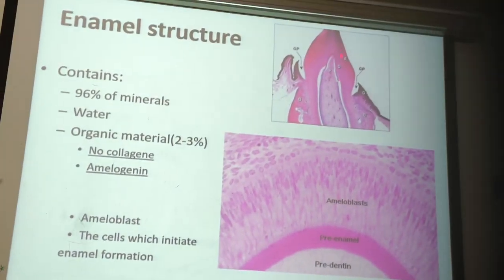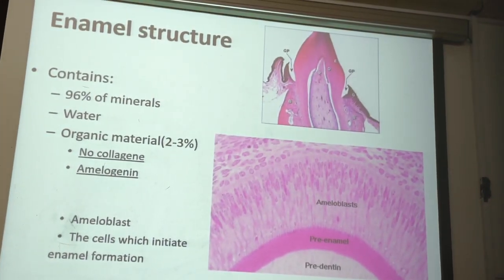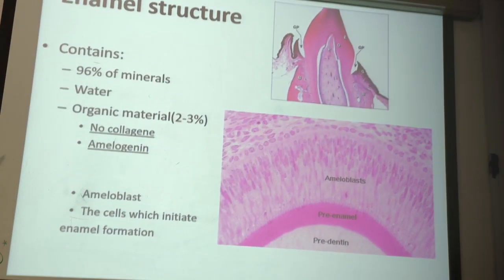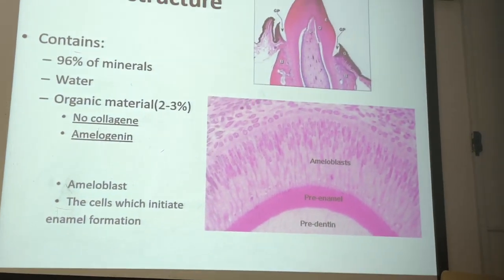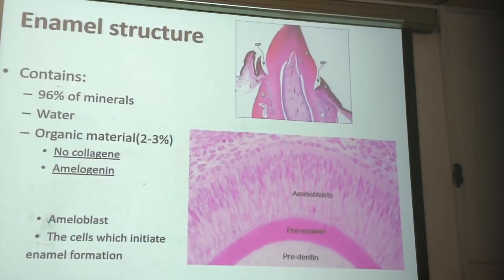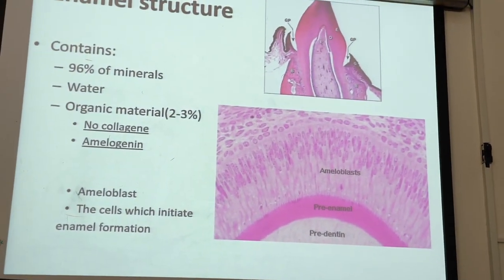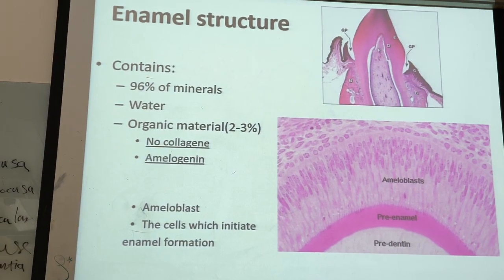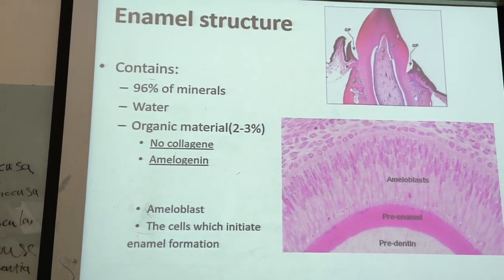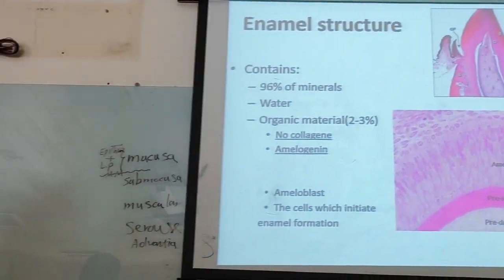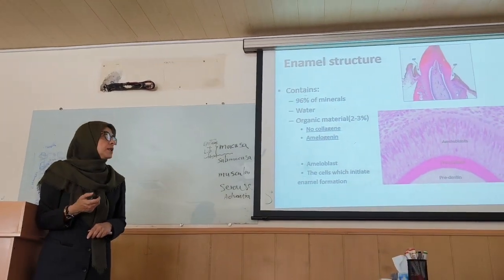Enamel, located on the outermost part of the crown, is the hardest tissue, including mostly mineral materials and a little water. This is the one organ that does not have any collagen fibers or collagen proteins.